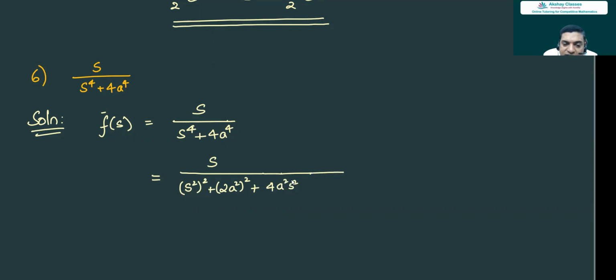So because I've added this term, I will subtract this term. So I get s upon s square plus 2a square the whole square minus 4, so 2as the whole square. 4a square s square is this.